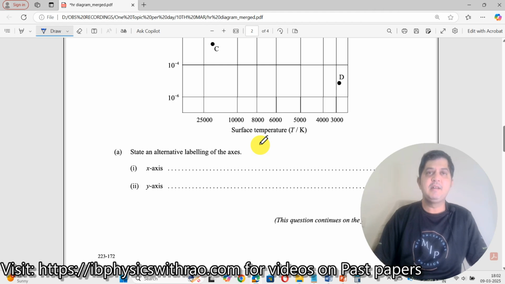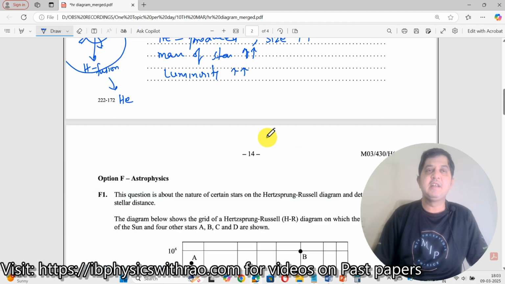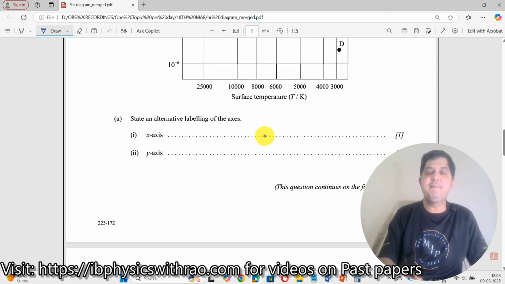If you remember, in my previous theory part, you had seen what an HR diagram is. How many different axes can we have? We don't have it in the diagram. You can either have on the x-axis the temperature, or you can have spectral classification.